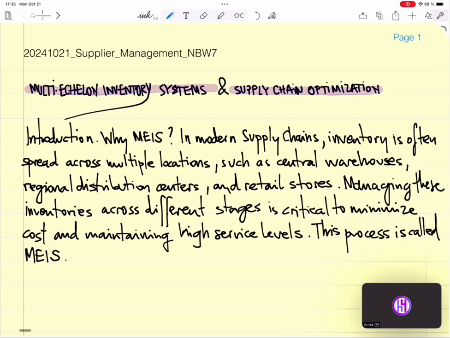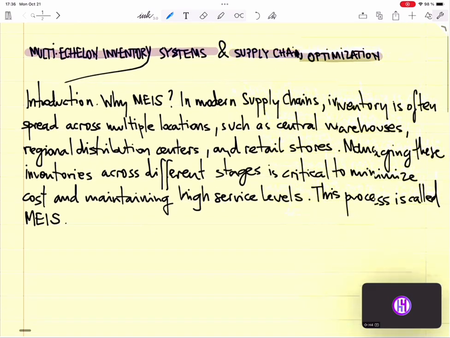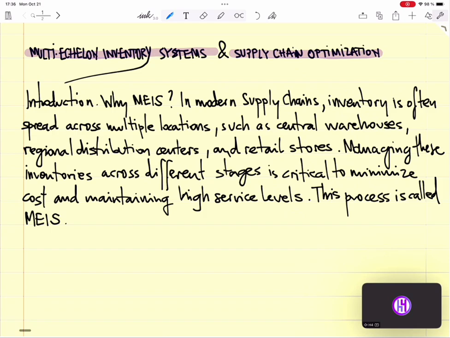In this lecture we will explore these multi-echelon inventory systems and how they differ from single location models. We will explore mathematical models for optimizing inventory levels, and we will see practical examples. So let's go then.